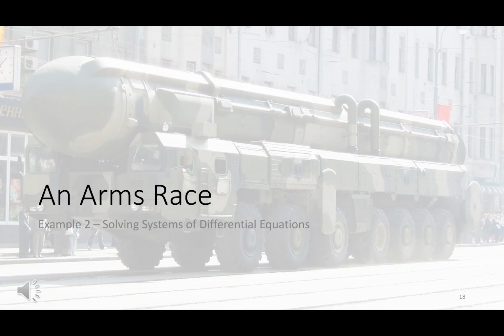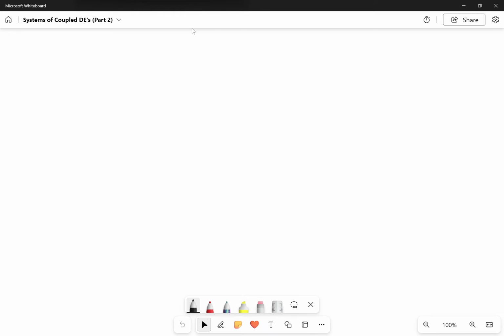Okay, let's take a look at how we set up this sort of system. So I'm going to start up the whiteboard here. And so our problem looks like this. We're going to use two variables.